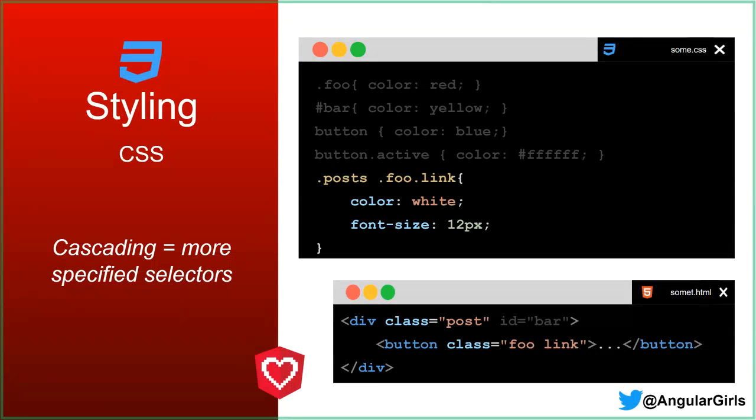So in this case, inside of the posts div, you have this class foo.link, and this special button should have this kind of CSS definition. So color white means white text, and a font size of 12 pixels.